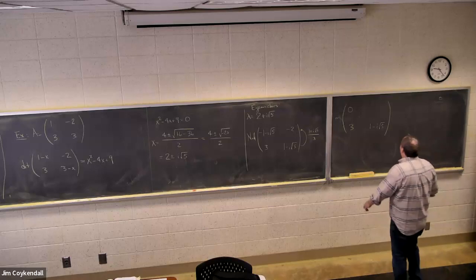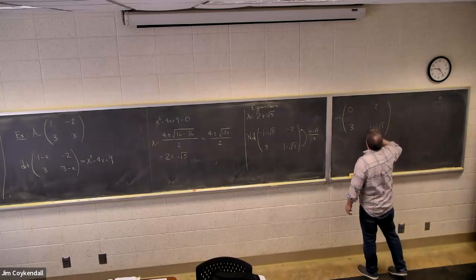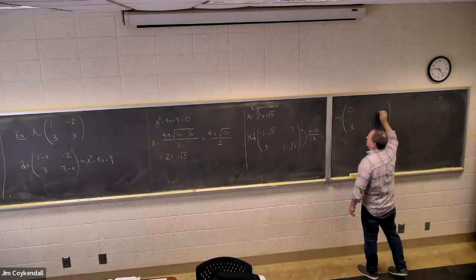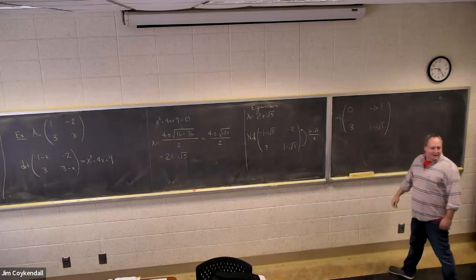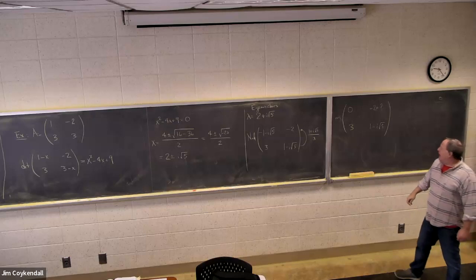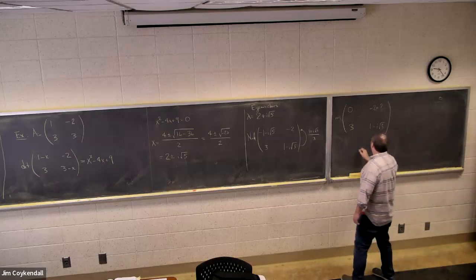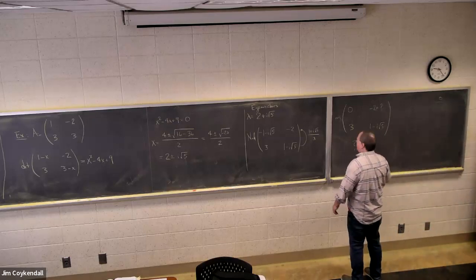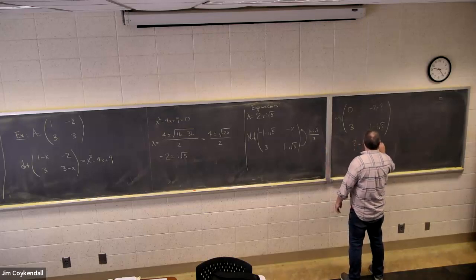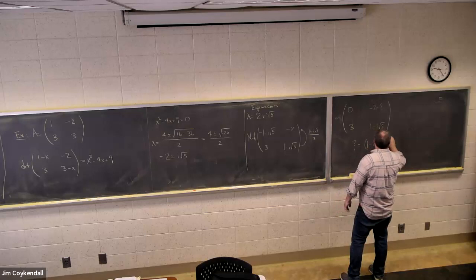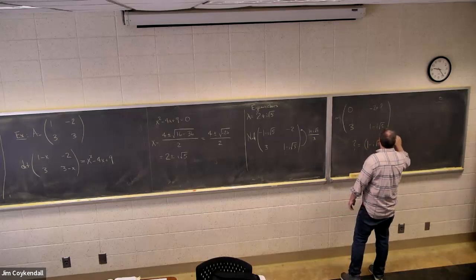Now, what happens when... well, let me take this away. This should be minus 2 plus question mark, right? Everybody agree with that? So I'm adding this, and my question mark should equal 1 minus i radical 5 times 1 plus i radical 5 over 3.